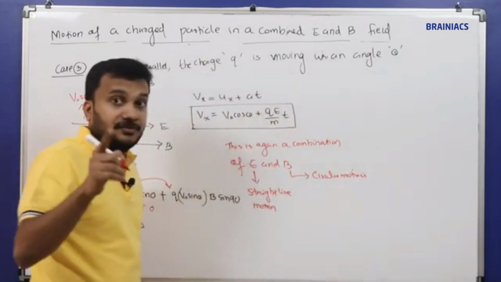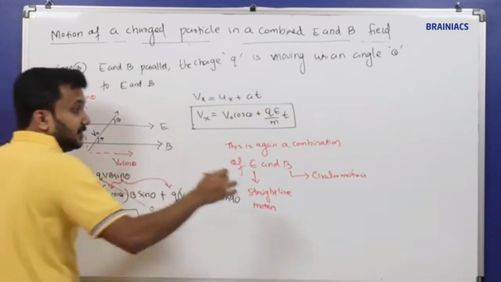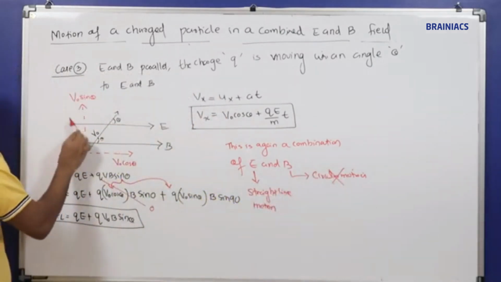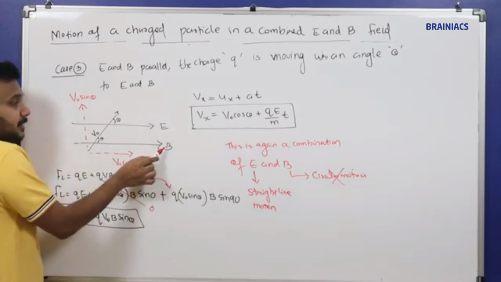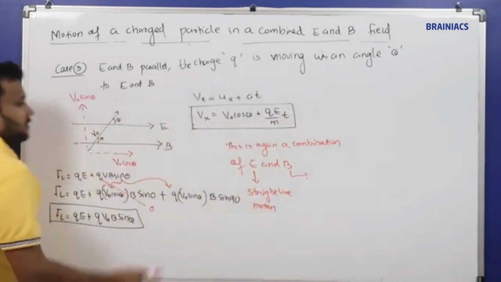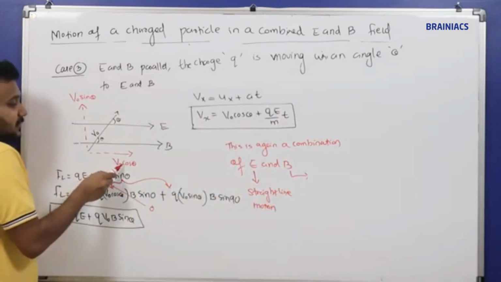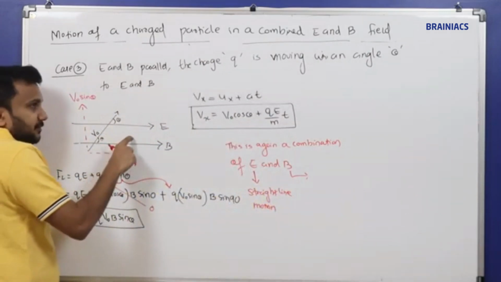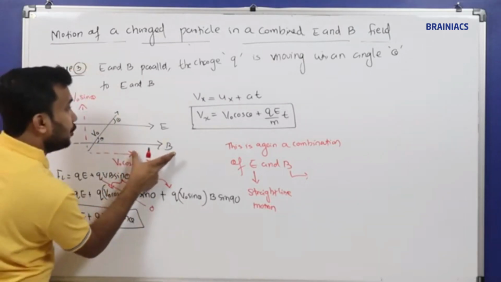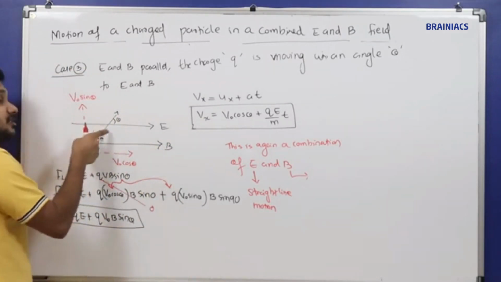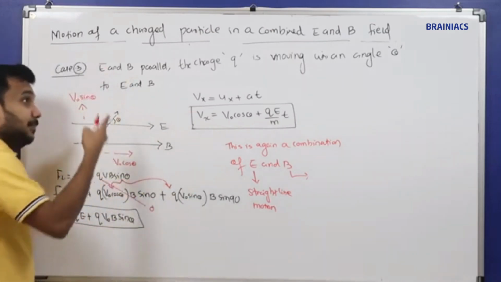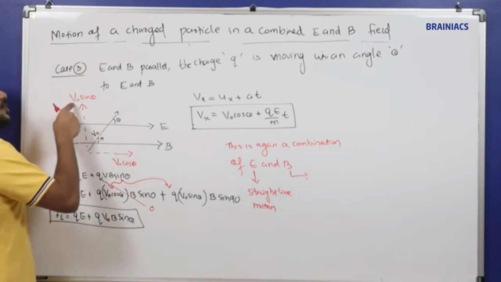This is not 100% correct, though. Circular motion means the velocity is perpendicular to the magnetic field. See here, let me explain this point. V0 cos theta is parallel to the magnetic field, so it has no effect, but V0 sin theta is perpendicular to the magnetic field. So the charged particle will undergo circular motion because of V0 sin theta.